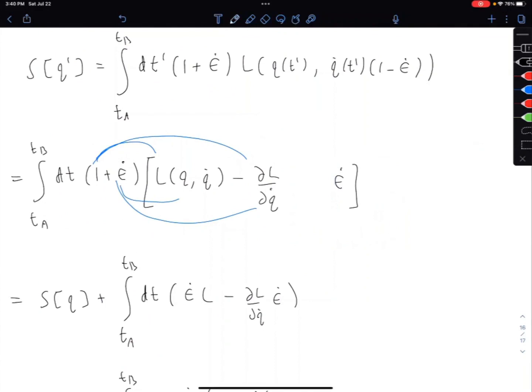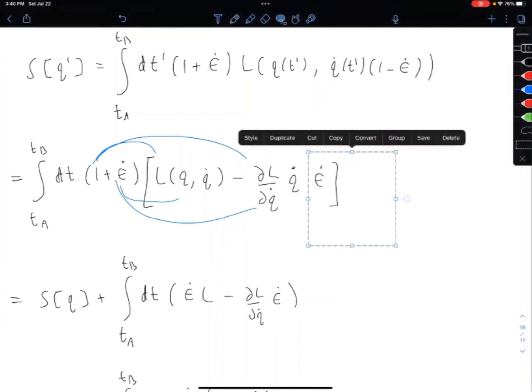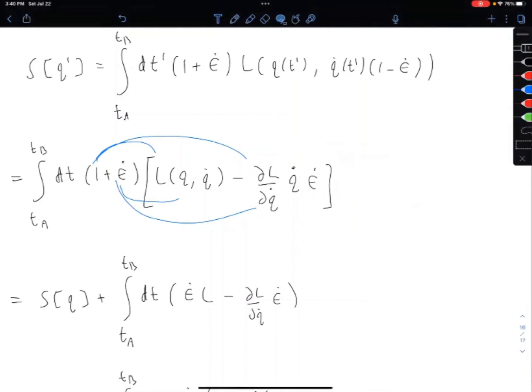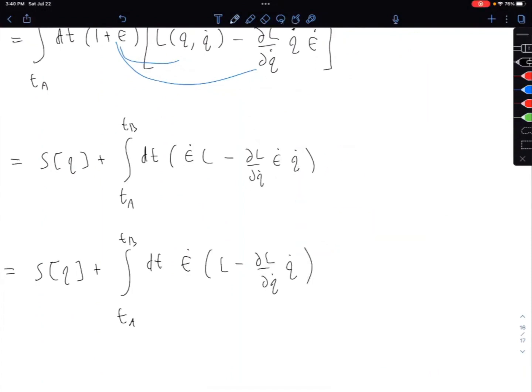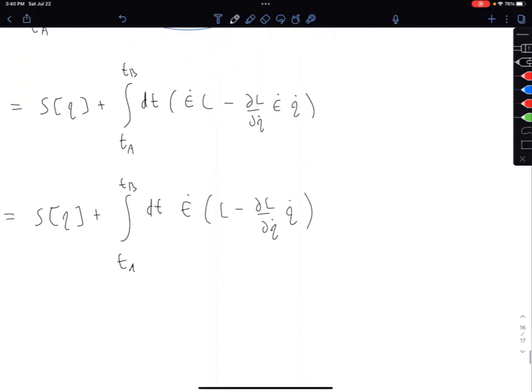This is going to be Q dot, because I'm multiplying Q dot times this whole thing in parentheses. So this is going to be times Q dot. And now look, this is our B.